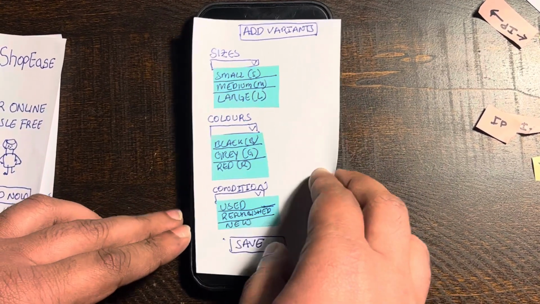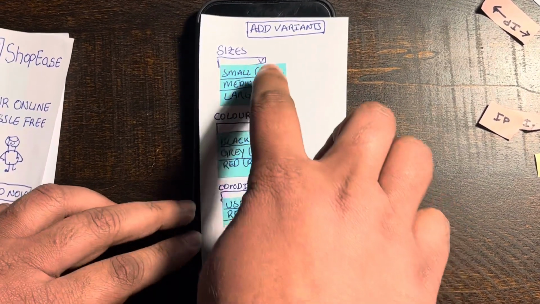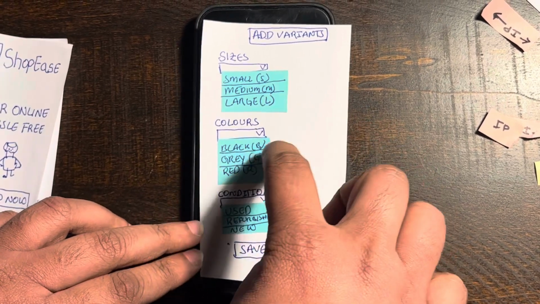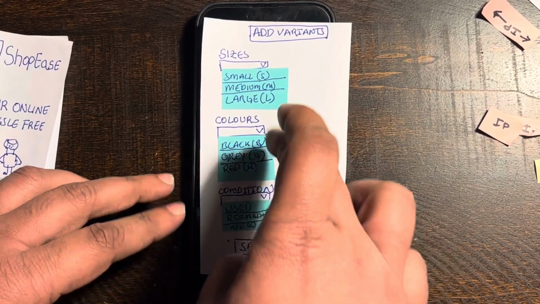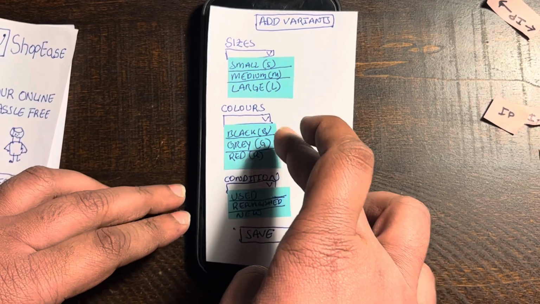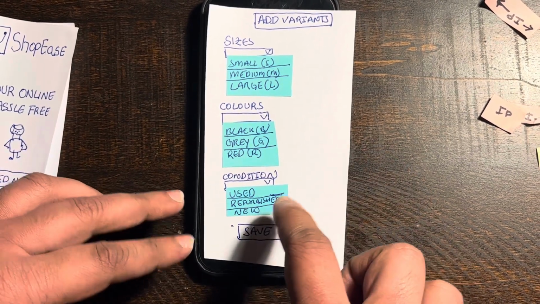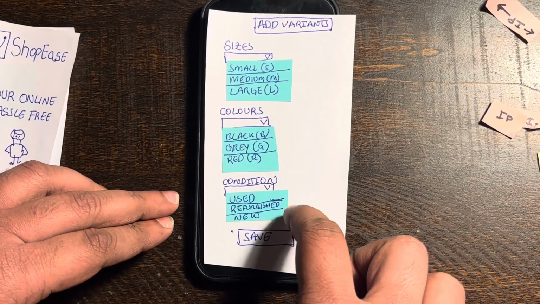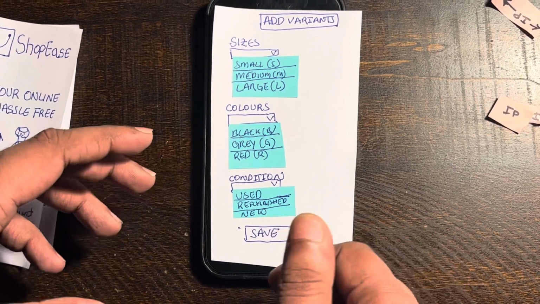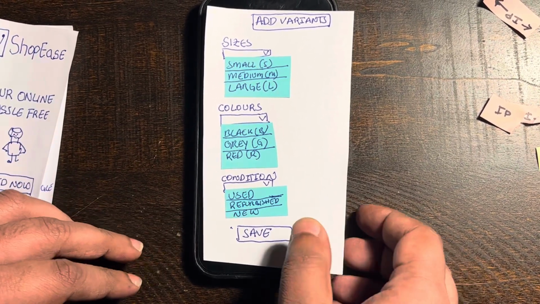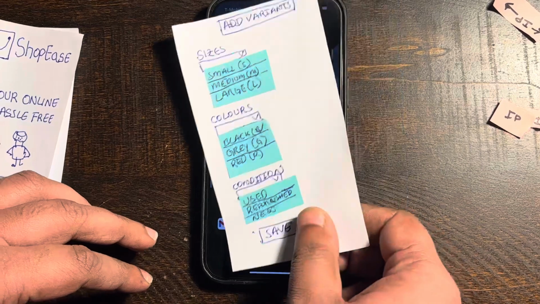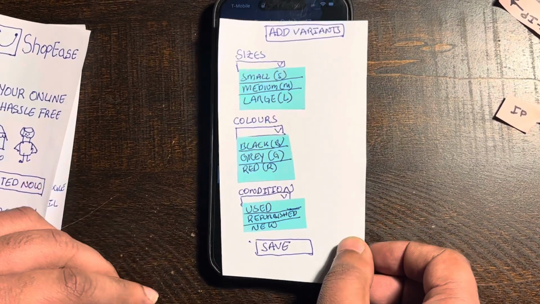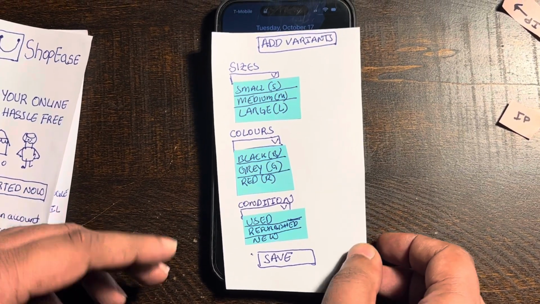In the variants, the user could add different variants like small, medium, large, black, gray, red. For sizes, he could select the particular size. For colors, he could choose a color, and the condition of the product, like used, refurbished, new, could be saved. And once the user presses the save button, the product will be added to its inventory.